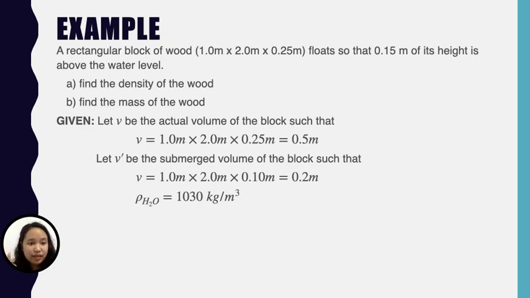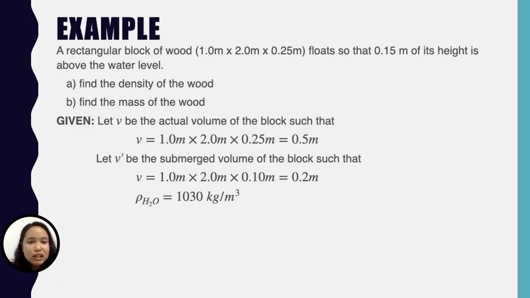And let V prime be the submerged volume of the block, such that V prime is equal to 1.0 meters times 2.0 meters times 0.10 meters, which is equal to 0.2 meters. Why did it become 0.10 meters? Because we subtracted the 0.15 meters that is not submerged in the water.